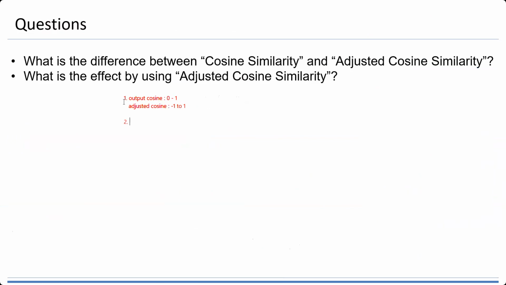Compared to the cosine similarity, what is the effect of using the adjusted cosine similarity? More approximate. What do you mean by approximate?